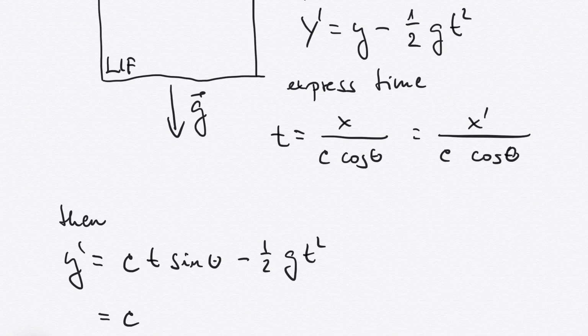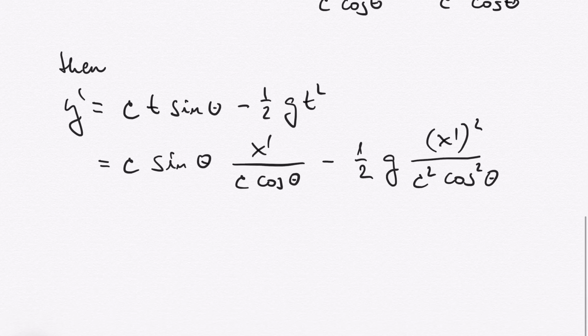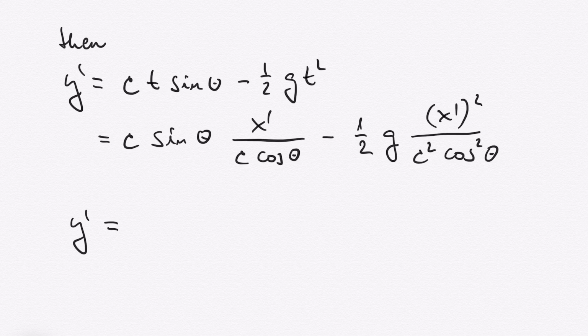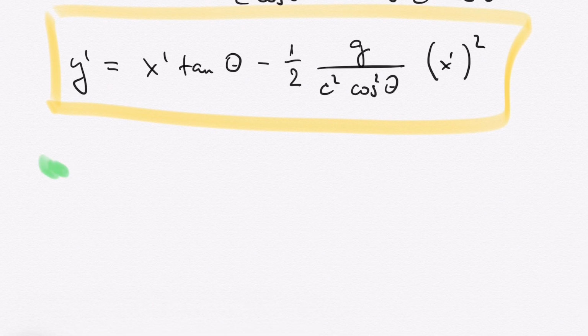Now we use the upper relation for time and obtain this form, 1/2 g x prime squared over c squared cos squared theta, and this can be manipulated further, and we obtain the equation for y prime, which is then quadratic in x prime, like this. This is our final expression.